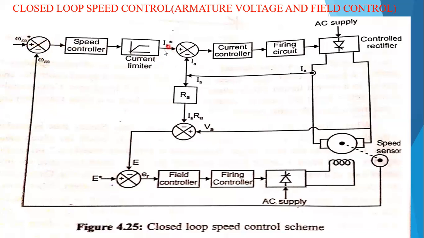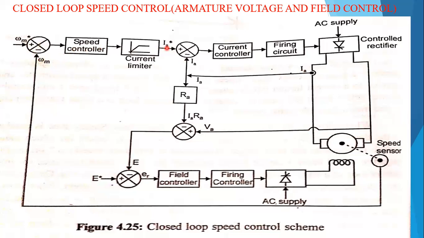Increase in the speed command or increase in the load torque produces a higher reference current, I star. Understood? Any positive speed error, omega m star minus omega m, is caused by increasing the speed command or increasing the load torque on the motor, which produces a higher current reference.